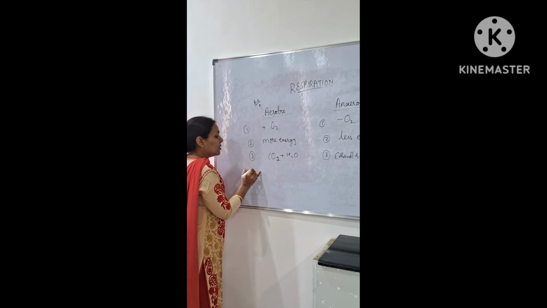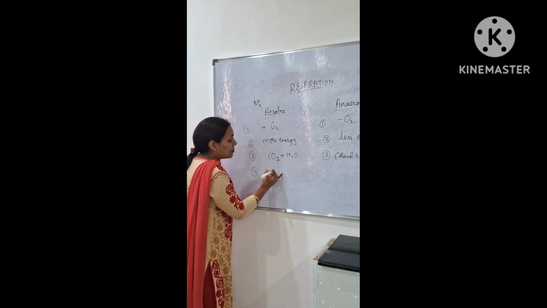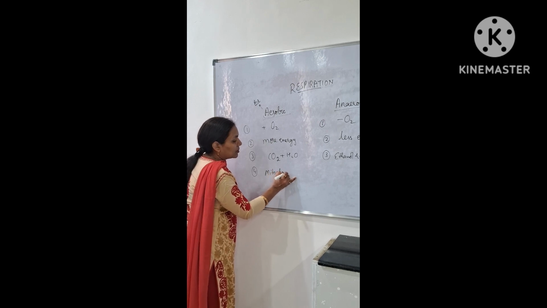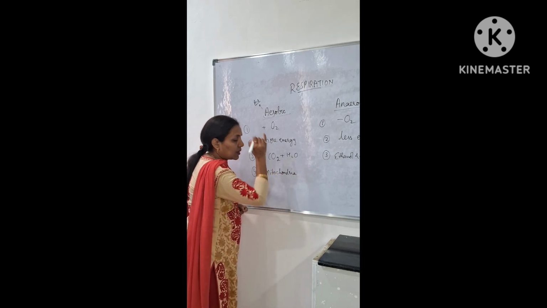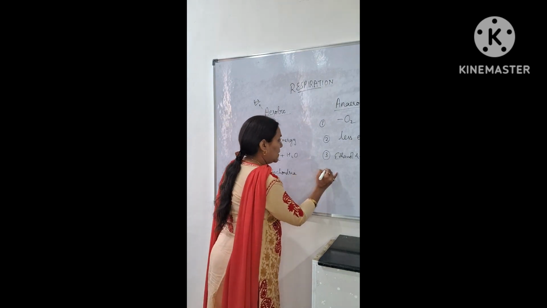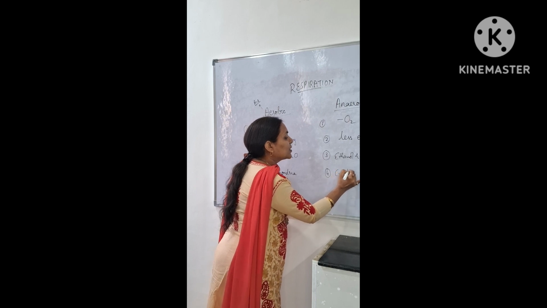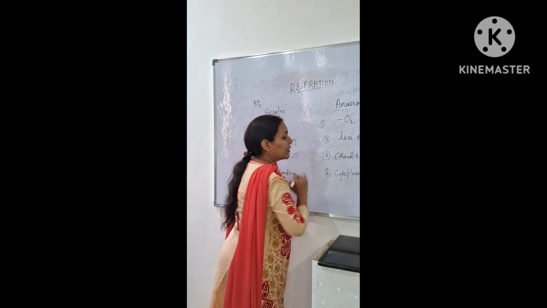Presence of oxygen requires a special organelle known as mitochondria, the powerhouse of the cell. Whereas for anaerobic respiration, only cytoplasm is required.